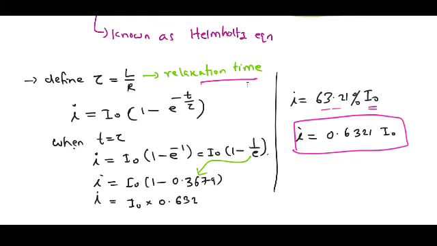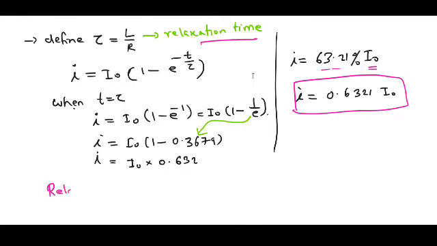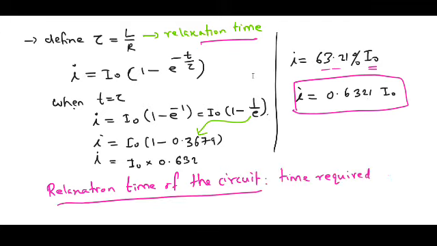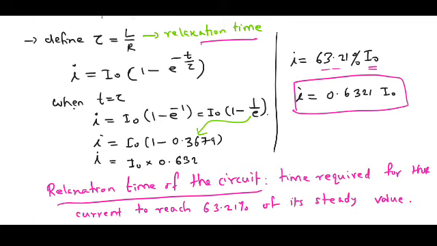Let me note down that the relaxation time of the circuit can be defined as the time required for the current to reach 63.21% of its steady value.